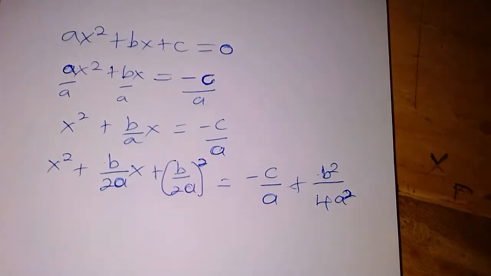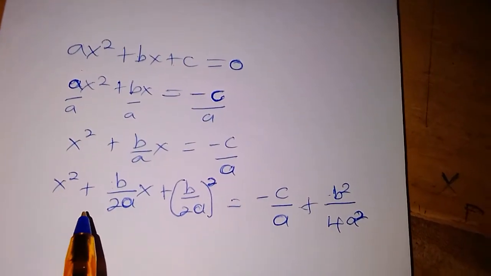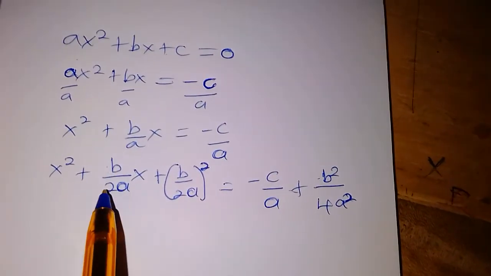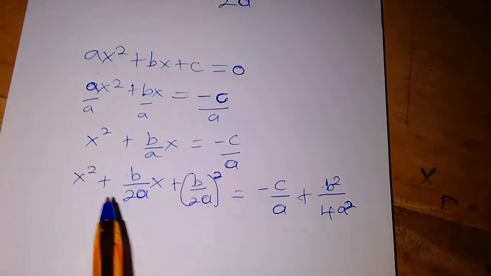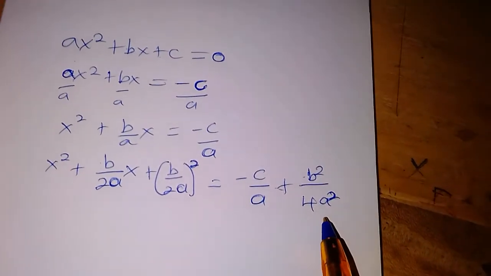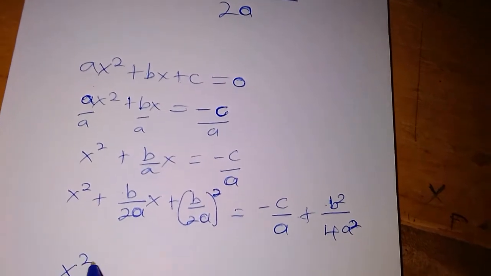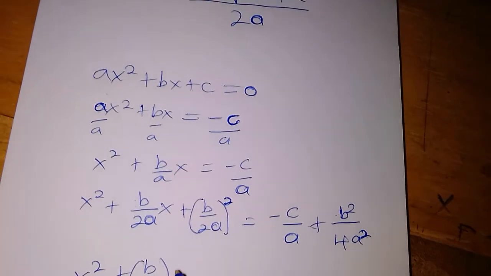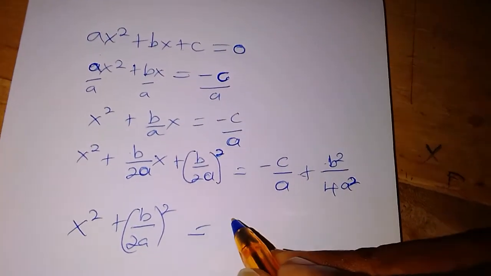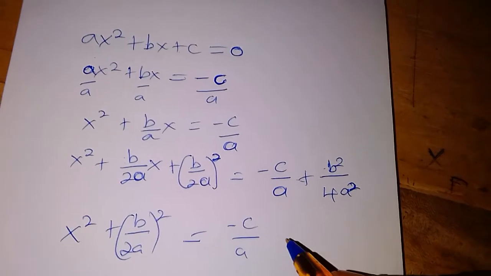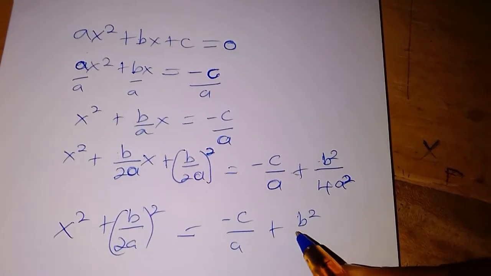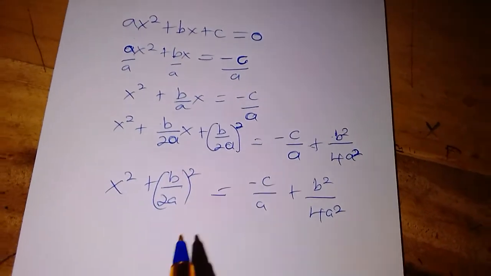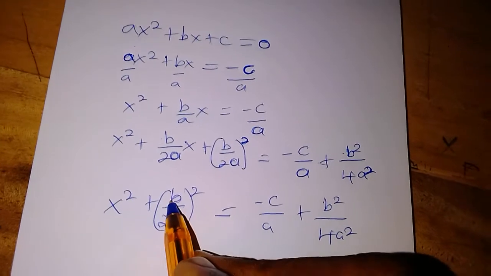Now here you group the complete squares. The complete squares are the terms that have squares in them. So group these complete squares and equate it to this side of the expression. So you have x plus b over 2a all squared equal to minus c over a plus b squared over 4a squared.